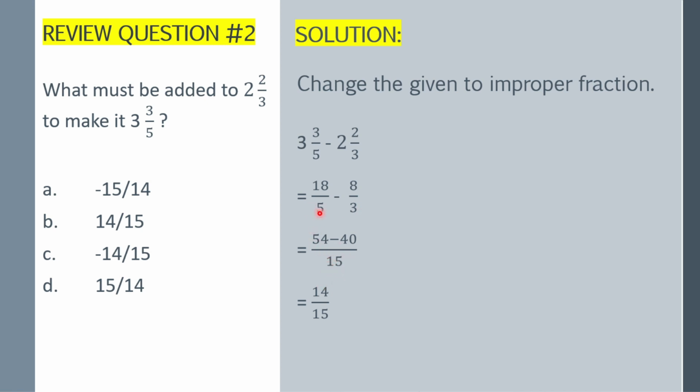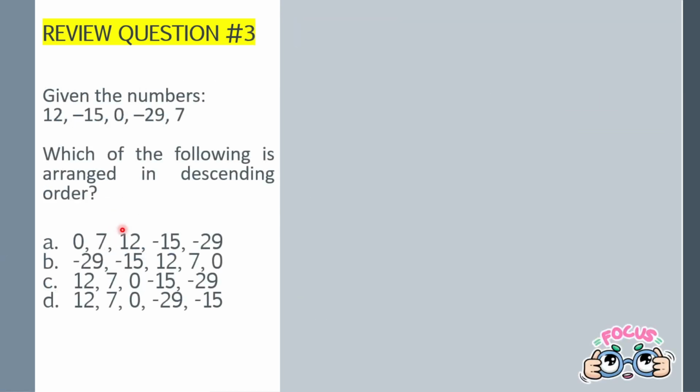So, 15 divided by 5 times 18 gives us 54, while 15 divided by 3 times 8 is 40. Therefore, 54 minus 40 over 15 will give us 14 over 15. So, it is answer letter B, 14 over 15.